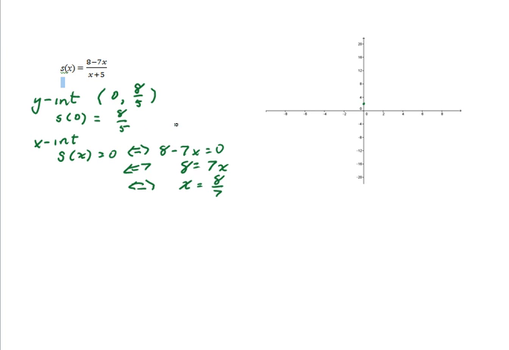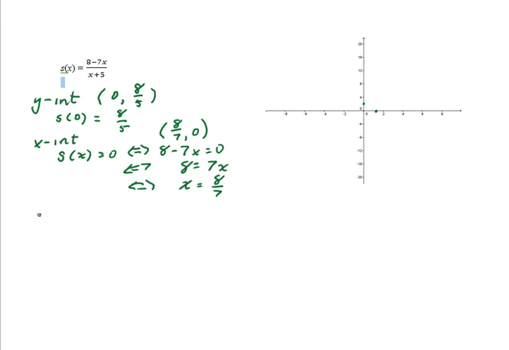So the x-intercept is going to be (8/7, 0). Again, 8/7 is between 1 and 2, and so we'll put it in here. The scale on the horizontal axis is counting by 2.